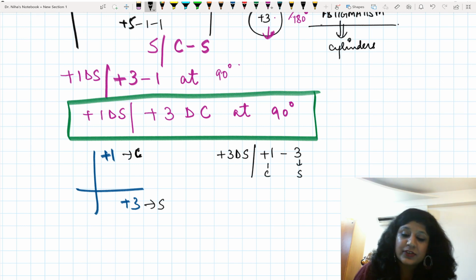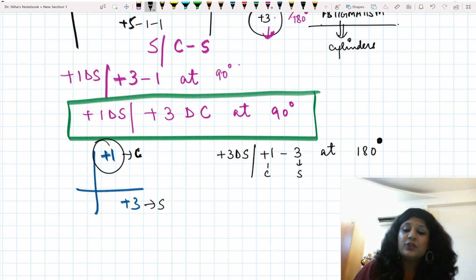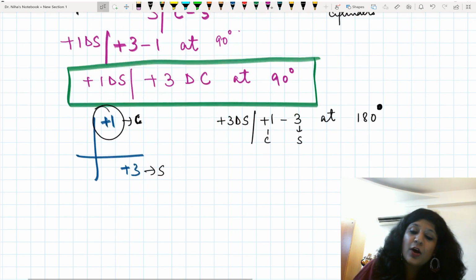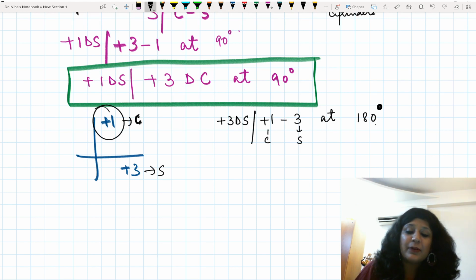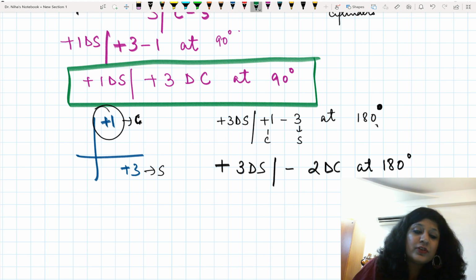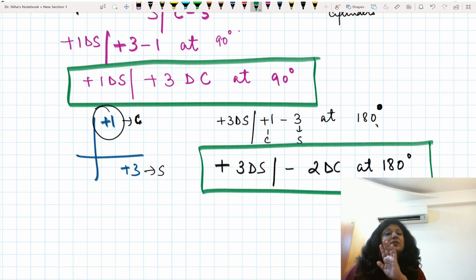So we have to reduce it, and now because you have to give the cylinder at 90, so now I will give it at 180 degree. So this will become +3 diopter spherical with -2 diopter cylinder at the 180 degree. So this becomes your next prescription. Any of the two prescriptions we can give.